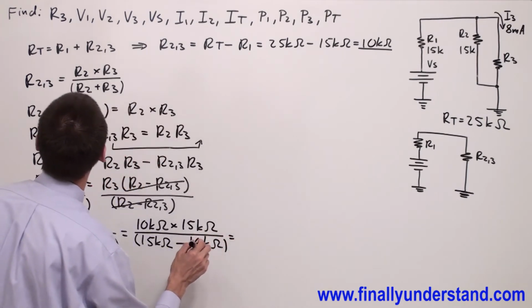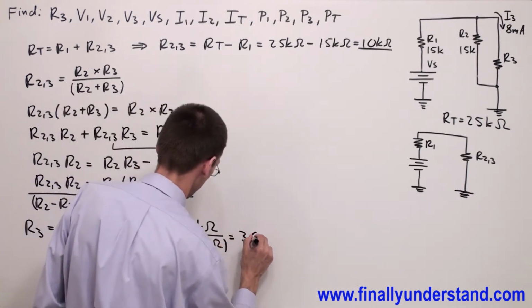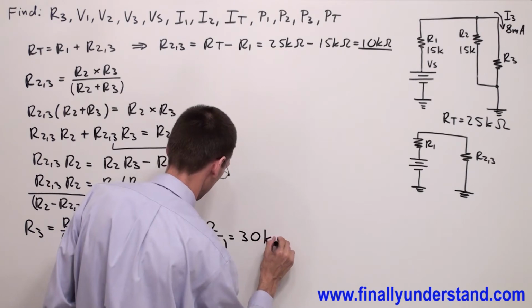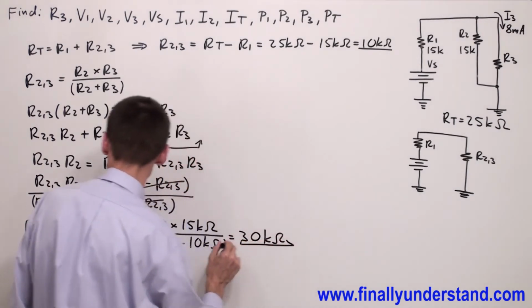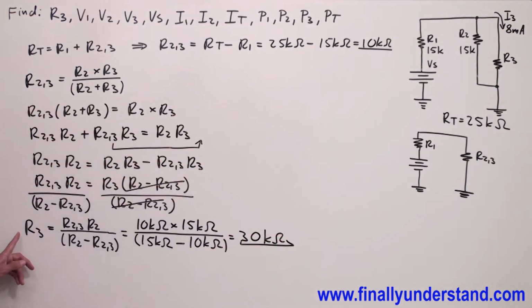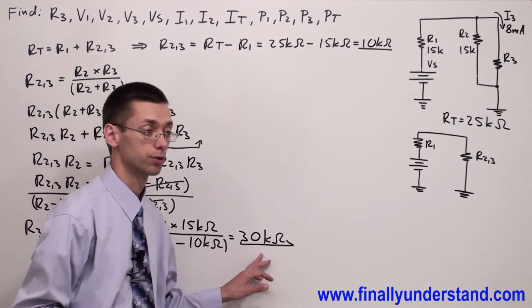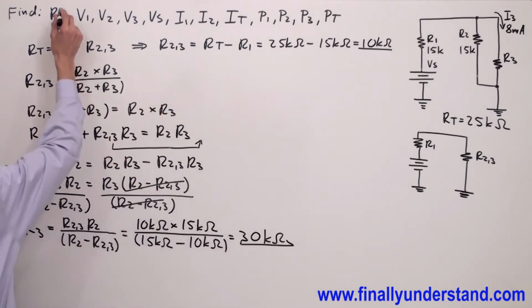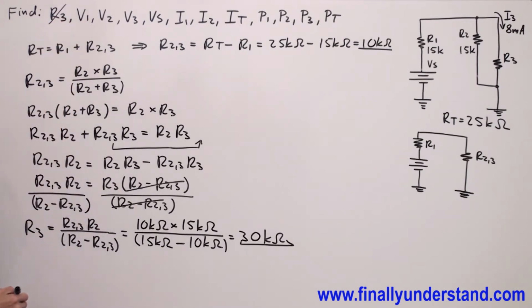Everything is equal 30 kiloohms, okay? So R3 is equal 30 kiloohms. Okay, so I can cross this out because I found it.